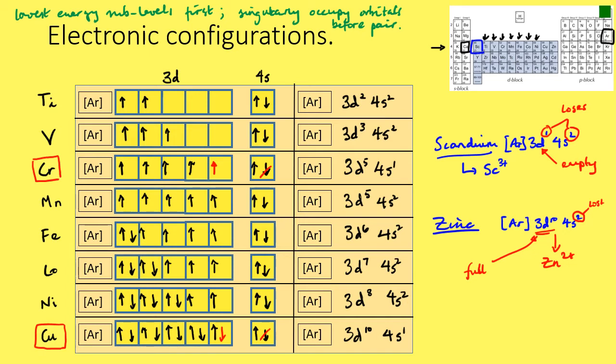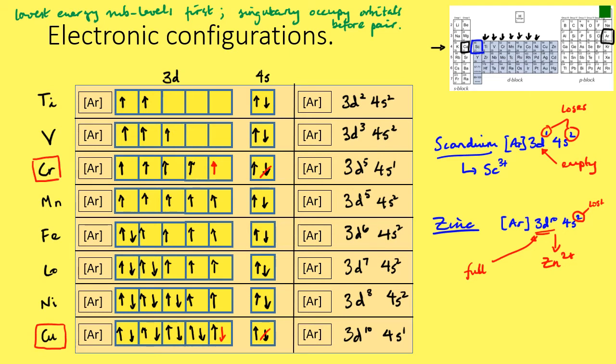And the last transition metal in period 4 is copper. And copper is another exception, so let's highlight our exceptions. Chromium was an exception that often appears as an exam question to see if you've understood this, and copper is our other exception. Right, so let's explain.